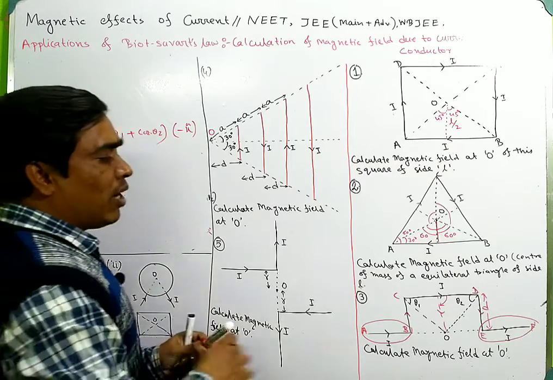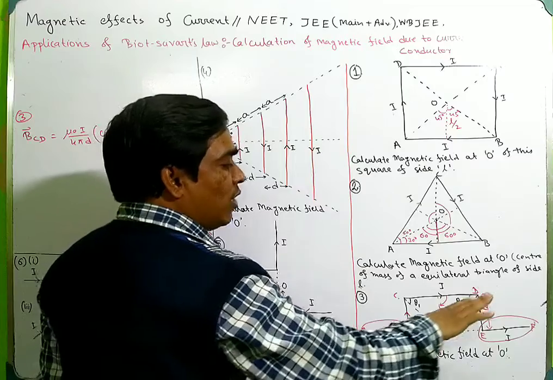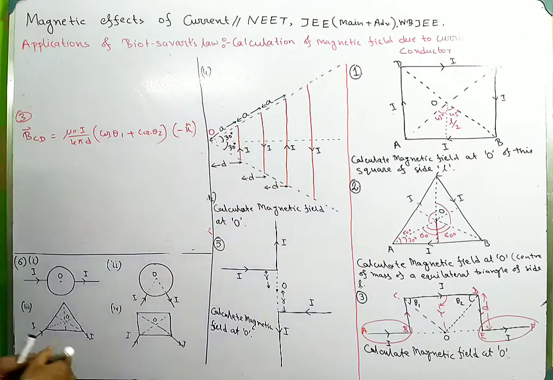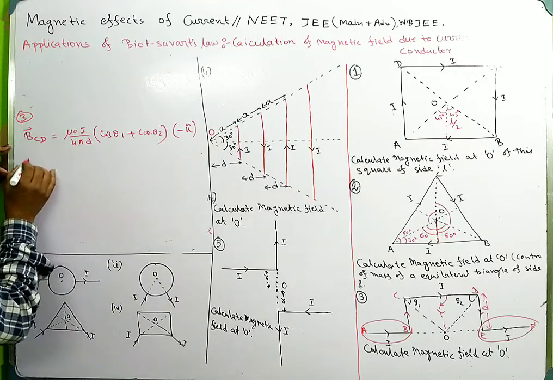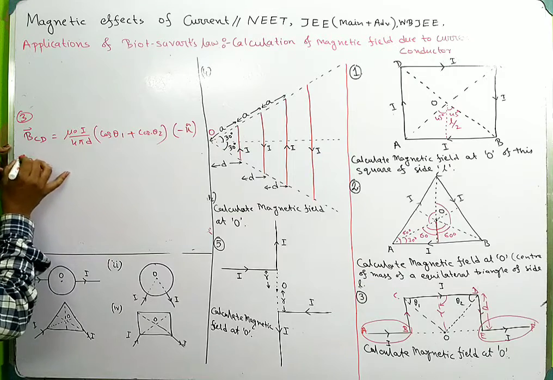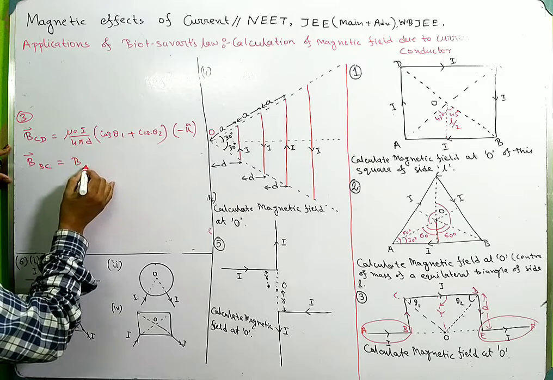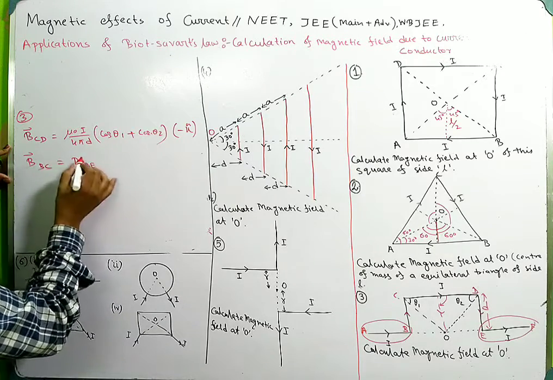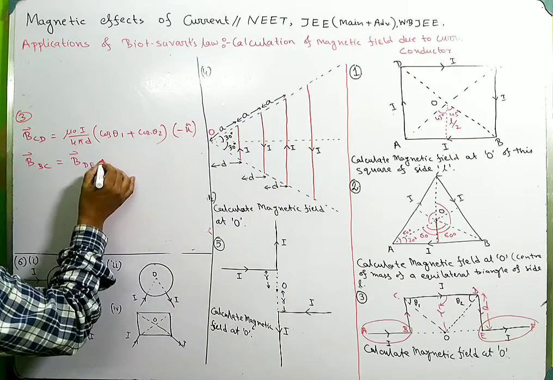And if you want to calculate the magnetic field for BC, it will be along this direction, and CD is also along this direction, that means inward. In both cases it will be inward. So the magnetic field for portion BC equals the magnetic field for the portion DE, and they are in the same direction.